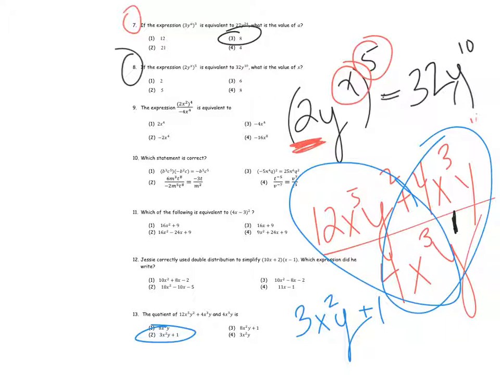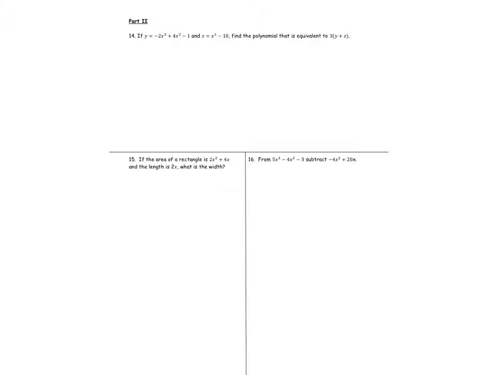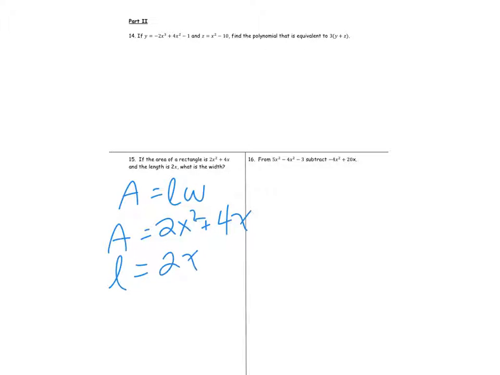All right, I want to skip on to the next page and look at question number 15. If I tell you the area of a rectangle is 2x squared plus 4x, and I tell you the length is 2x, we need to solve for the width.